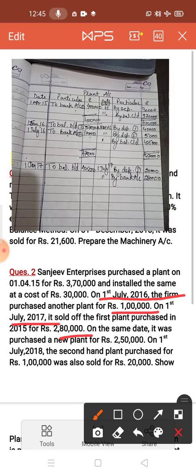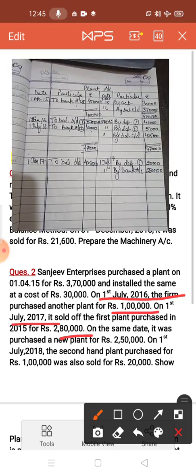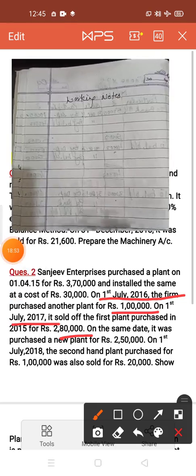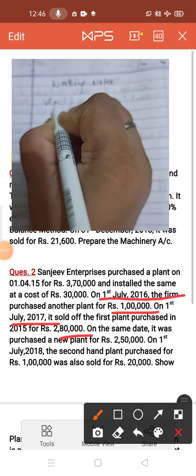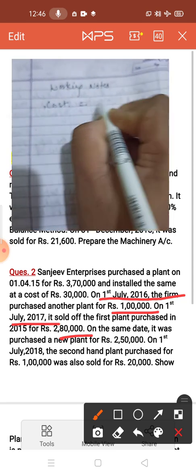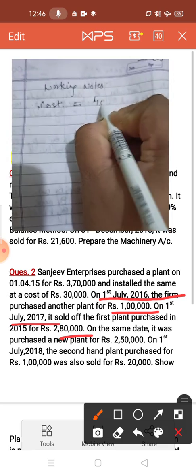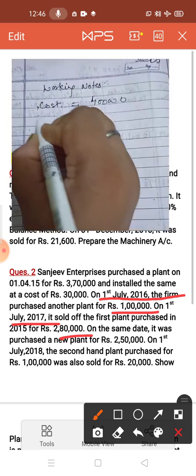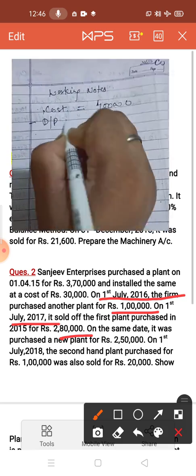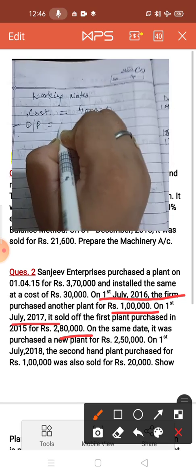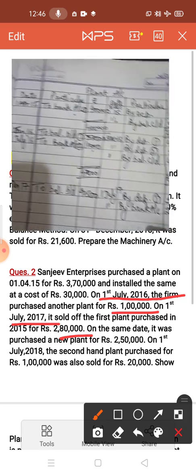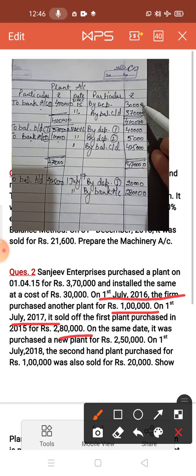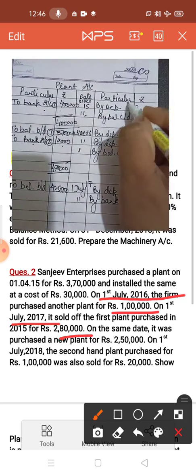Now the next thing you have to find out the profit and loss. So how you have to find out the profit and loss? See, working note. This is for the first plant. So first of all you have to write down the cost. Cost price of the first plant is 4 lakh. Now depreciation you have to subtract. So children, the first year depreciation is 30,000 on the first plant. See, you can see here, this is the depreciation 1.